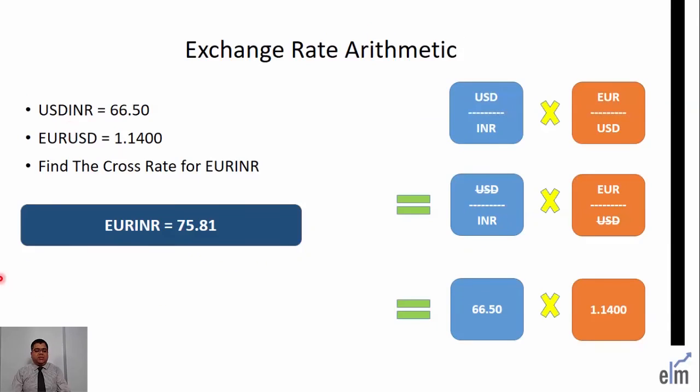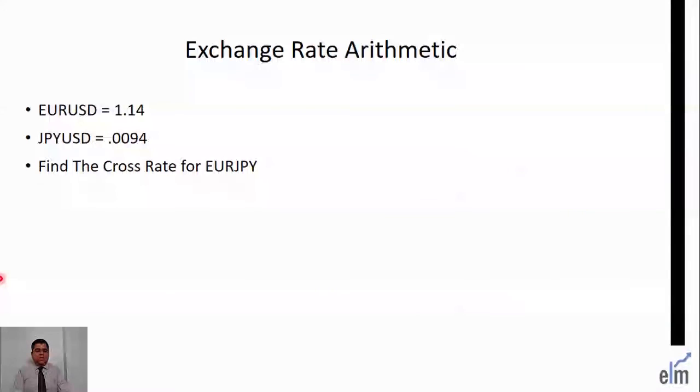Okay, so that is relatively simpler, and we have another variation wherein the cancellation will not be so easy. So let us look at that. Here we have the quotations for Euro USD and JPY USD. Okay, so Euro USD is 1.14 and Japanese yen USD is quoted as 0.0094.